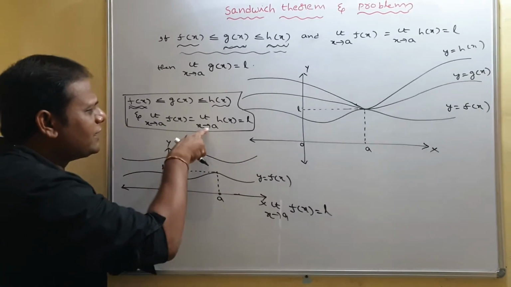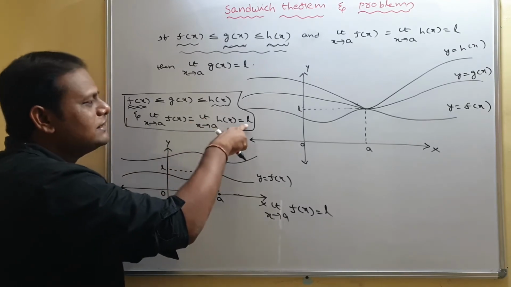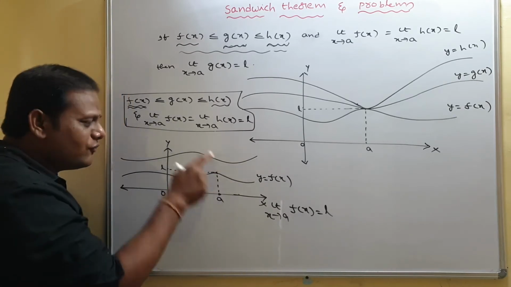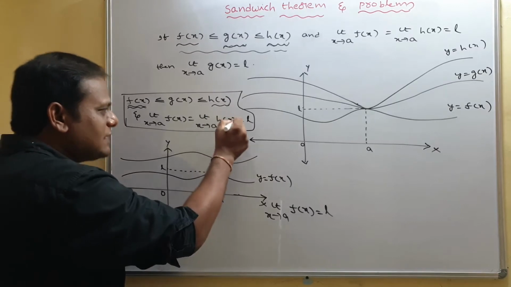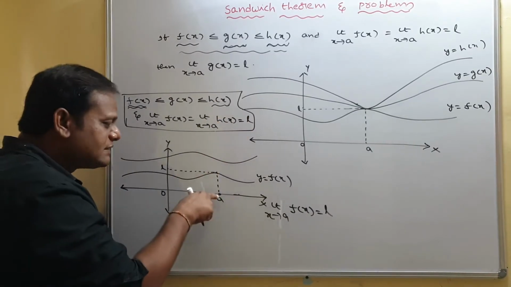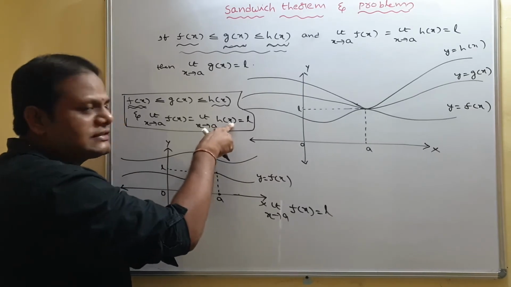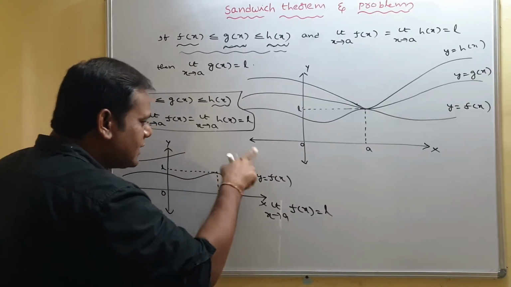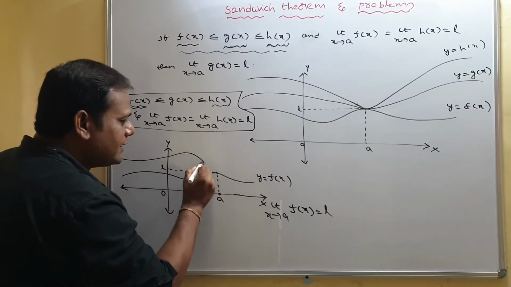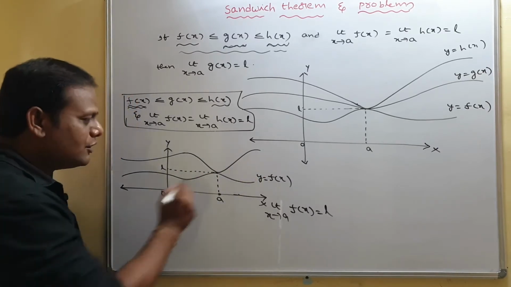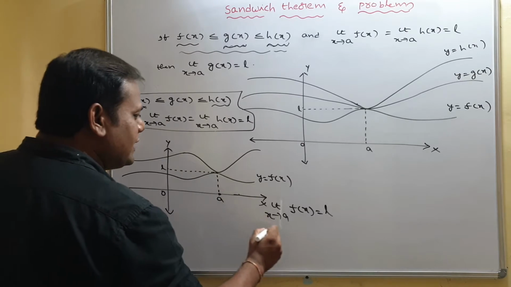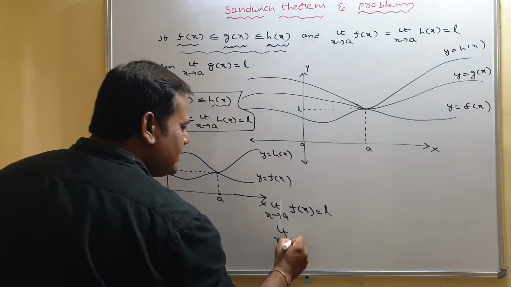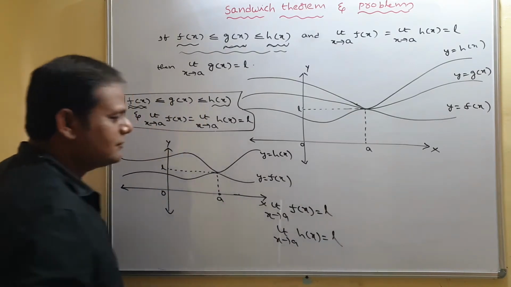Because limit x tends to a h of x is also L. If x approaches a, the function h of x also approaches the same number L. That is the reason we can't draw the graph like this. So I can take the graph like this. Now, limit x tends to a h of x, for y equal to h of x, is equal to L.